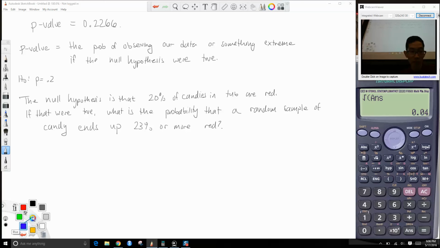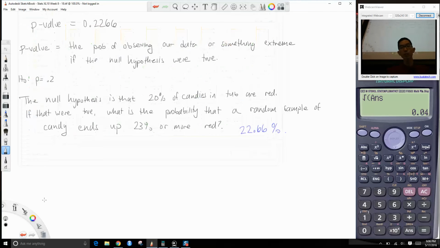It happens about 22.66% of the time, just from random chance. So the fact that we got 23% red in our sample could be a result of just random chance. It happens about 1/5 of the time. Or it could be an indication that more than 20% of the candies are red in the tub.